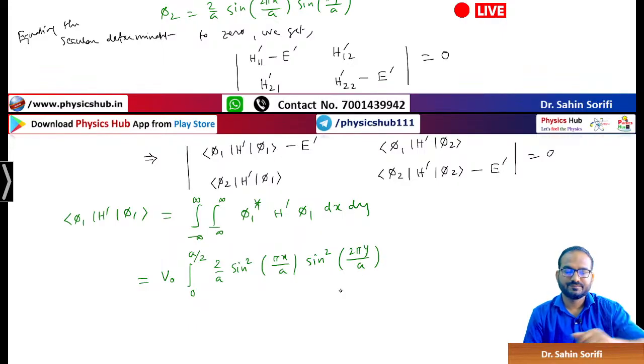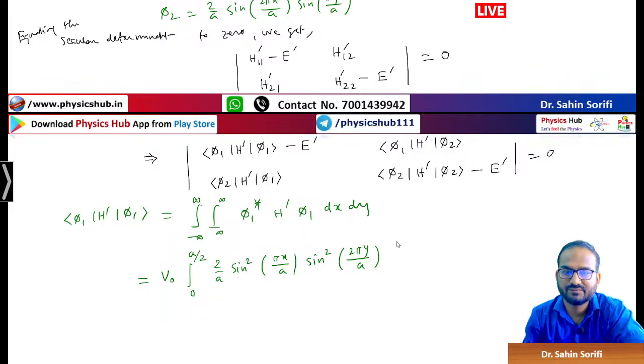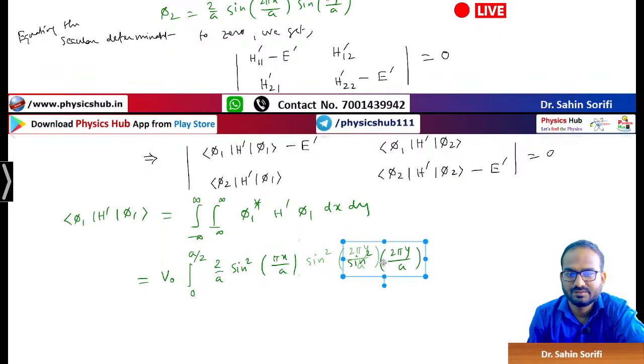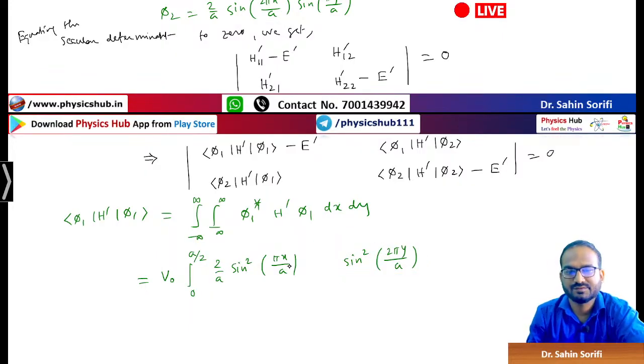Now you see here it is a function of y and that was a function of x. So 0 to a by 2, here you have to write dx. Another 0 to a by 2, this is dy.